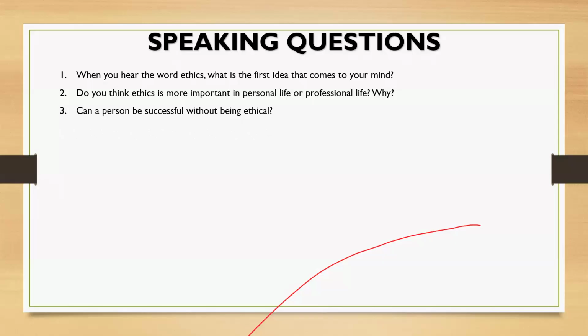Good evening. I think yes, because a person can be successful, but not in a good way. If you don't have ethics, you don't get the idea that you need to understand, and I think you can be successful because I have an example for that.